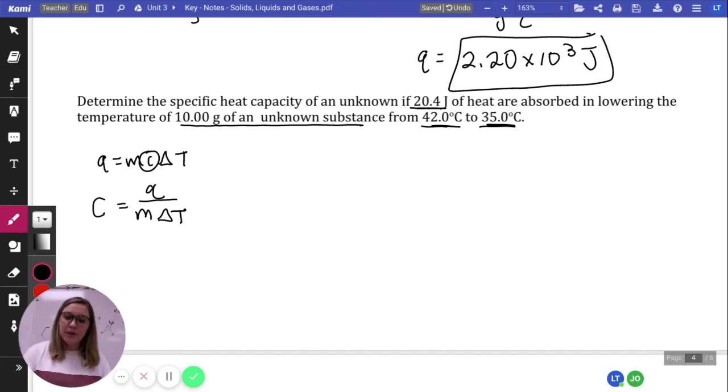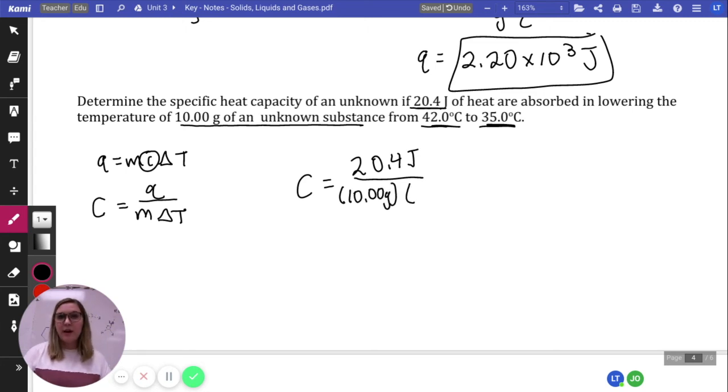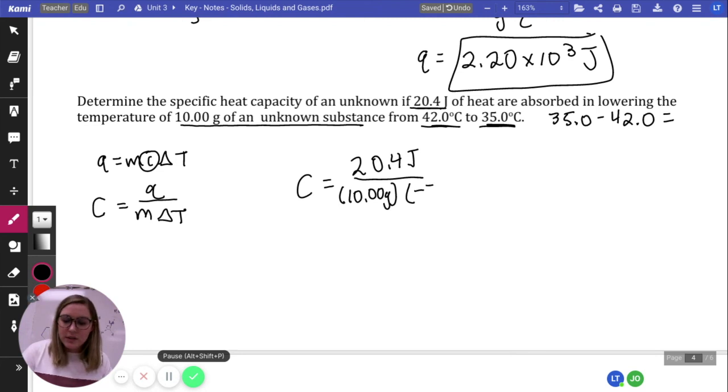All right, so let's go ahead and plug everything in. So C is equal to 20.4 joules divided by our mass, which is going to be 10 grams, times our change in temperature. So our change is going to be 35.0 minus 42.0, which is negative 7.0 degrees Celsius.